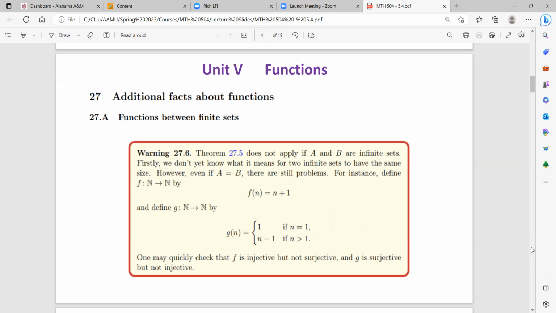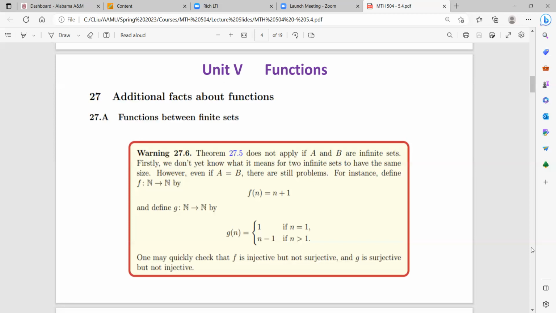All the theorems are not true. You don't know what the size of infinite sets means. That doesn't make sense.